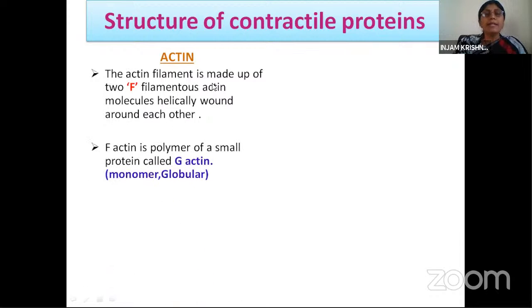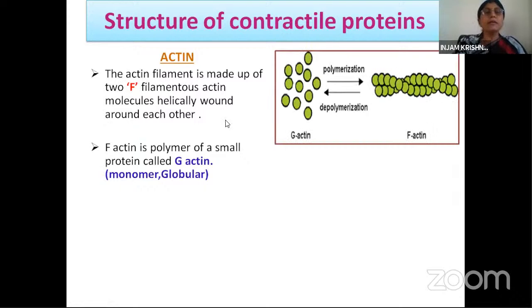The actin filament is made up of two F filamentous actin molecules helically wound around each other. F actin is a polymer of a small protein called G-actin. These are the spherical monomers.